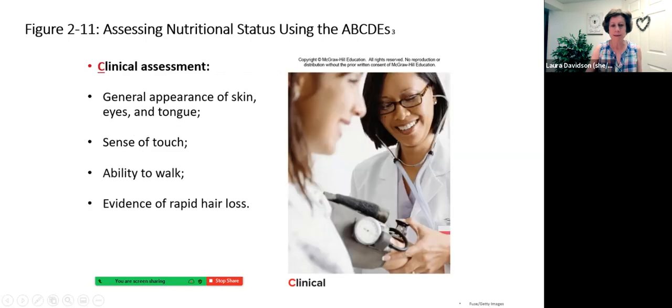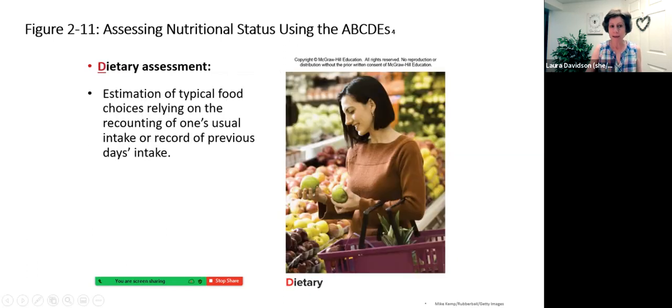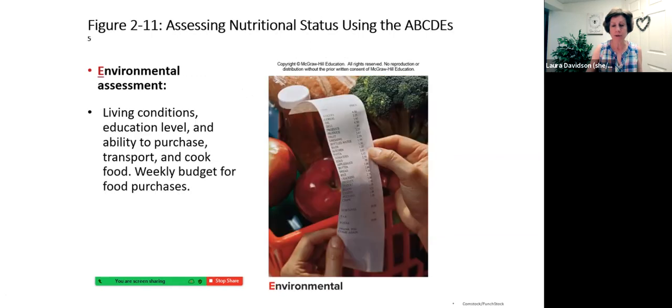Clinical assessment is your appearance, the gait, things like hair loss, sense of touch. And dietary assessment is what you're doing for your project, but gathering information so you can assess that typical food intake and compare it to recommendations for that individual.